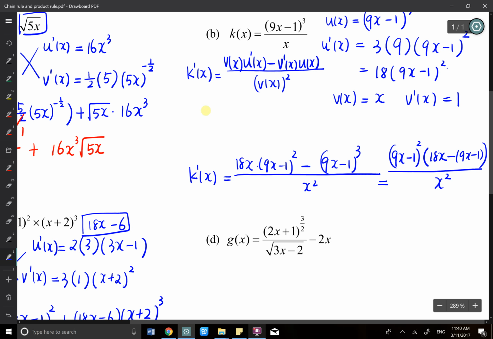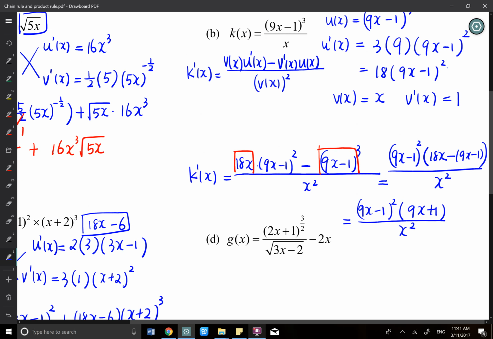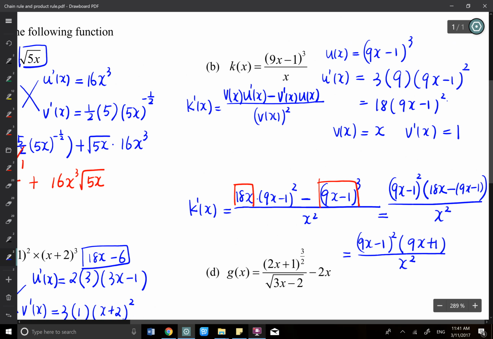In the first one I am left with this, and in the other I am left with just 1 of the 9x minus 1. So you subtract that, and that equals (9x minus 1) squared times, subtracting that, 18x plus 1, and then over x squared. That's the derivative for that function.